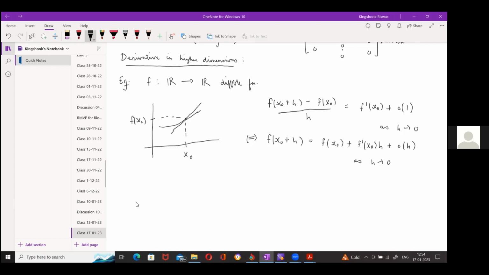No, look, this is just the definition of limits, right? Order of 1 just means something which goes to 0, right? So this difference quotient is converging to f prime x naught, right? So that means that this minus f prime x naught goes to 0 as h goes to 0.